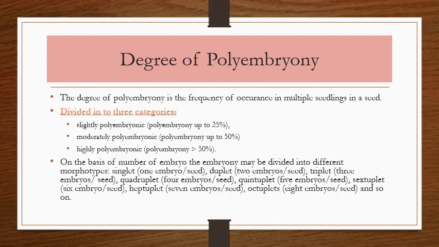In apomictic citrus species, mostly quadruplet, meaning four embryos in one seed, and triplet, meaning three embryos per seed, occur more frequently, regardless of the genotype.